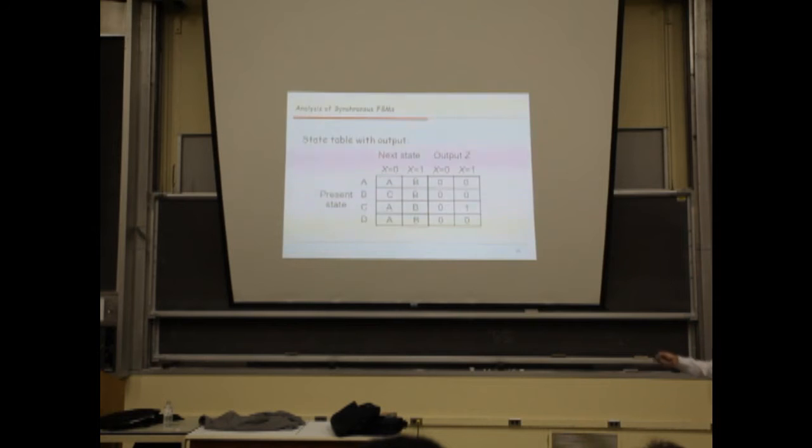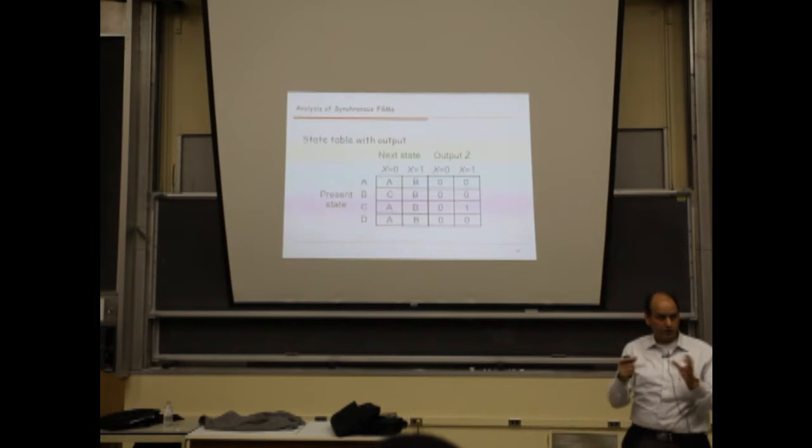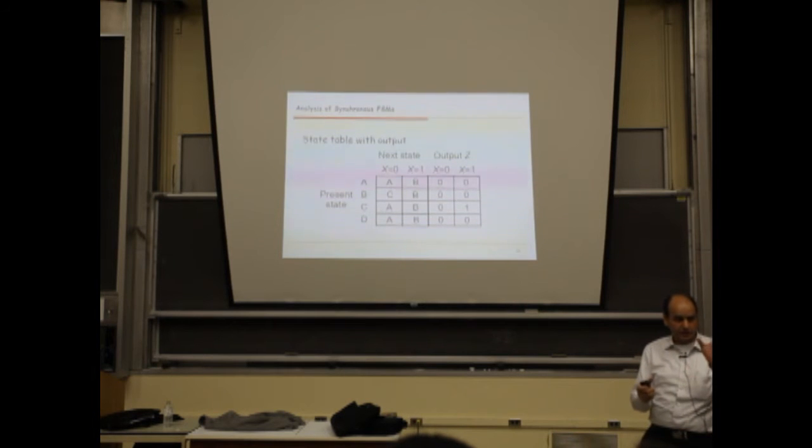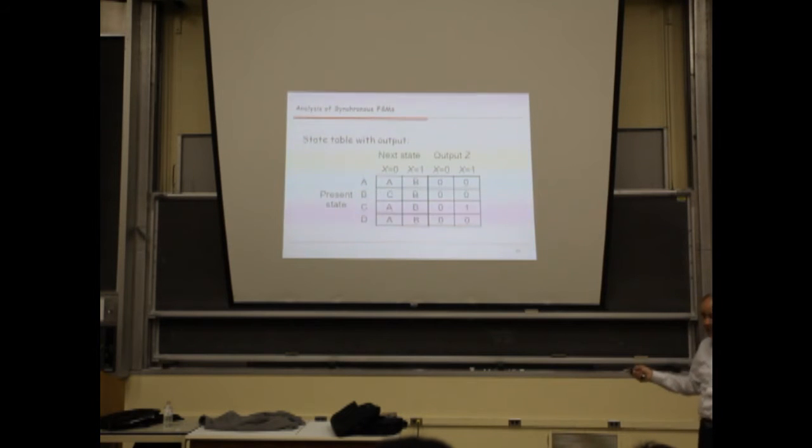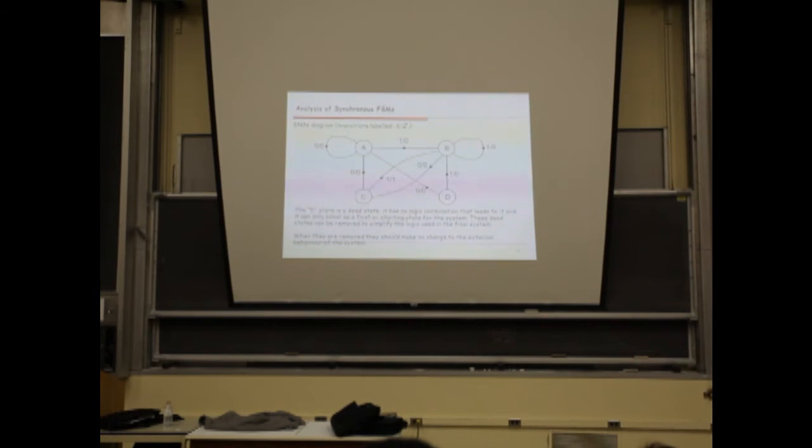From A we go to B rather than from 0, 0 we go to 0, 1 and so on. So that's what we have here. And it gives me the output too. So I consider this to be your ultimate goal of analyzing a circuit, to determine its behavior time-wise and also the output it produces at a given state.